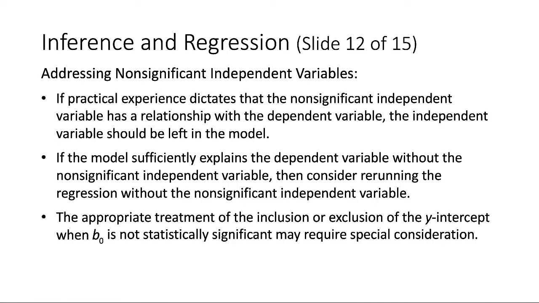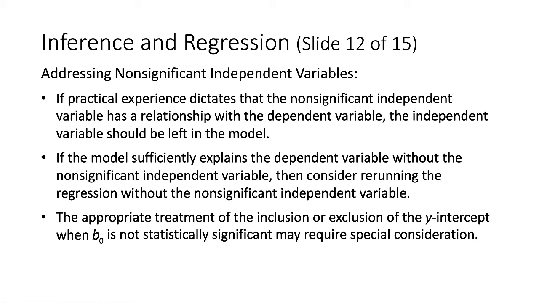So do we use the model as originally formulated with the non-significant independent variable, or do we rerun the regression without the non-significant independent variable and use the new results? We say that if practical experience tells us that the non-significant independent variable has a relationship with the dependent variable, then it should be left in the model.